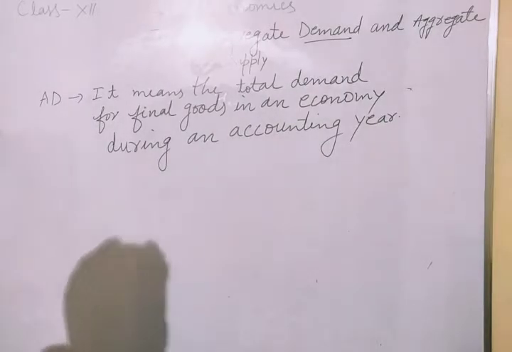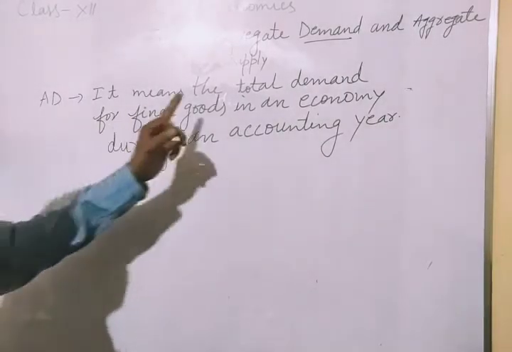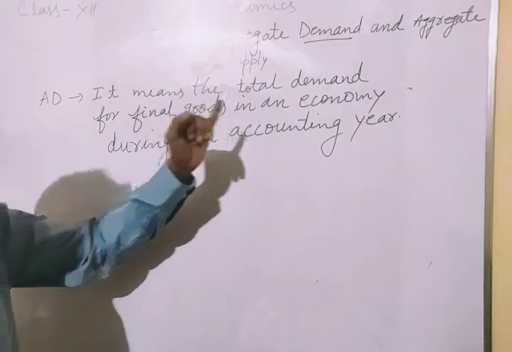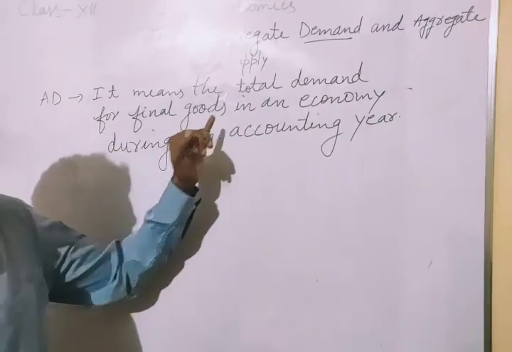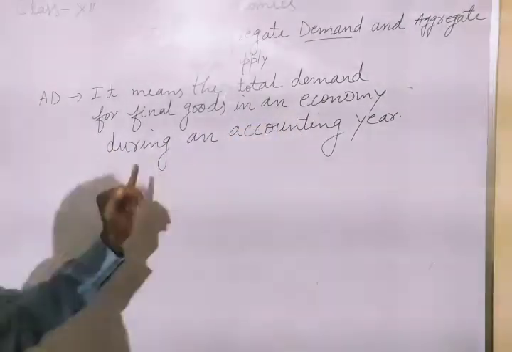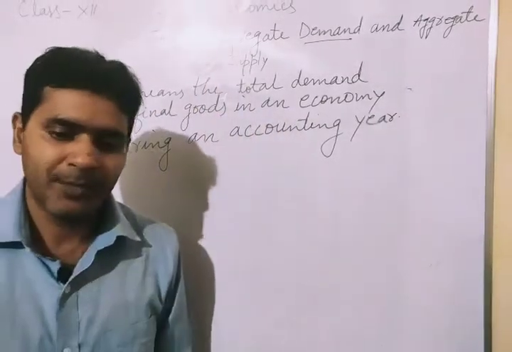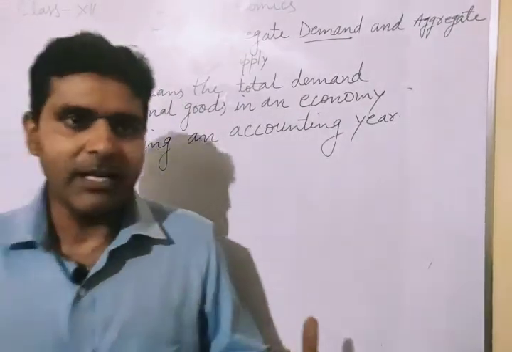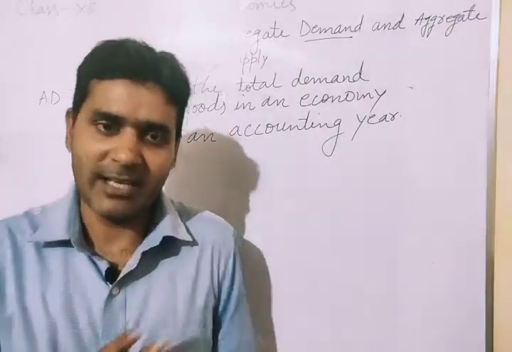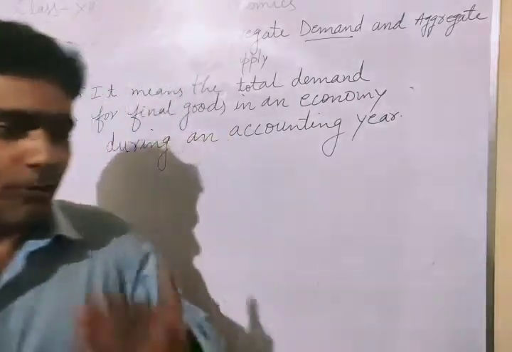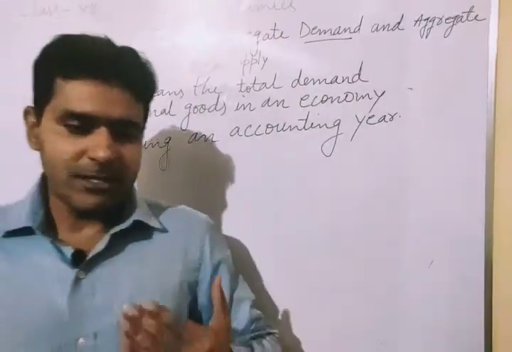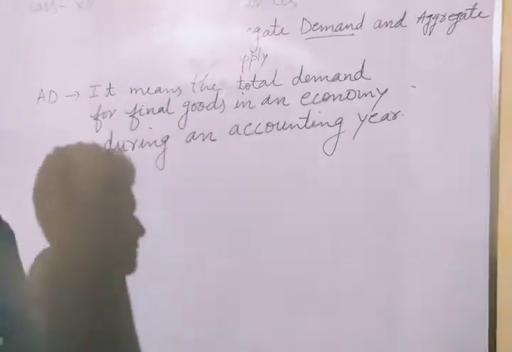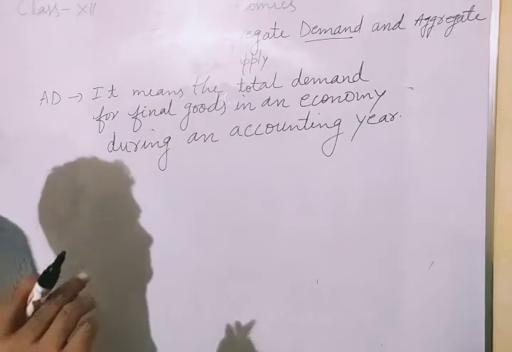Now we are moving towards aggregate demand, which is denoted by AD. AD means the total demand for final goods in an economy during an accounting year. When we talk about aggregate demand, we are dealing with aggregates, meaning the sum total of all the demands planned by the consumers during an accounting year for the particular economy.